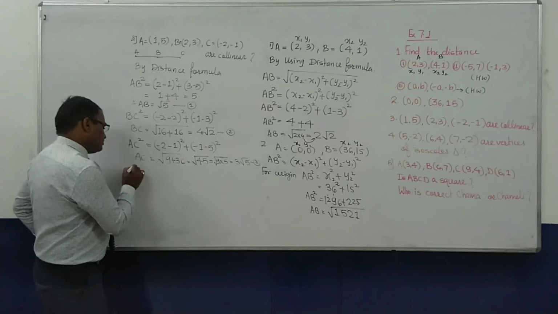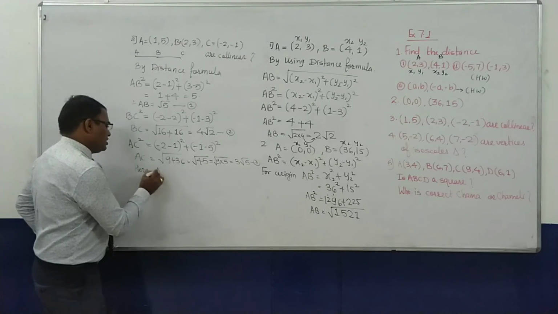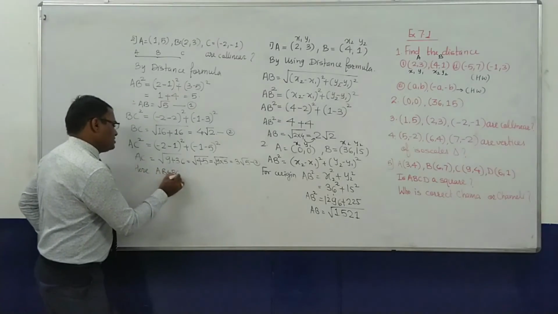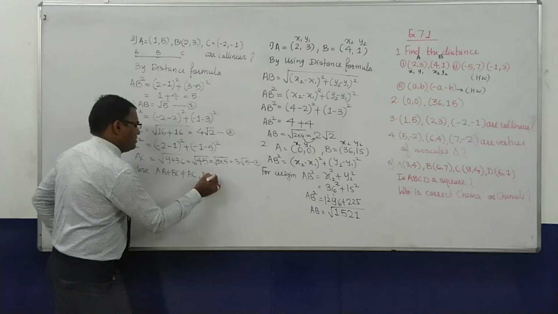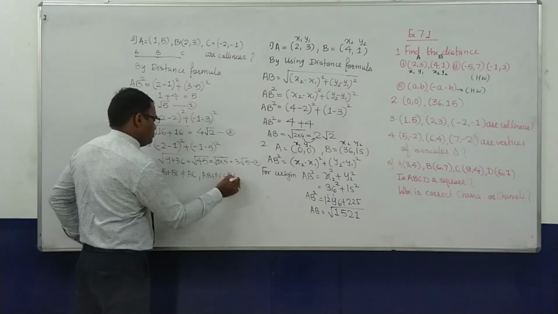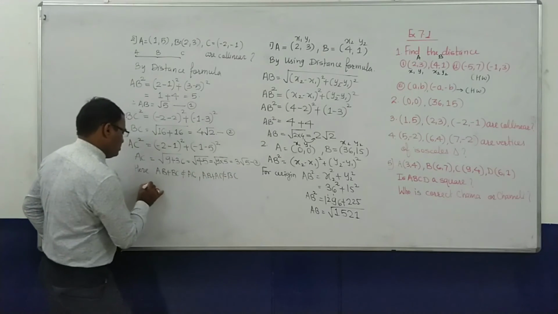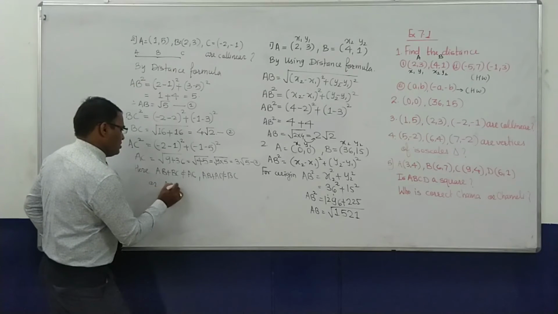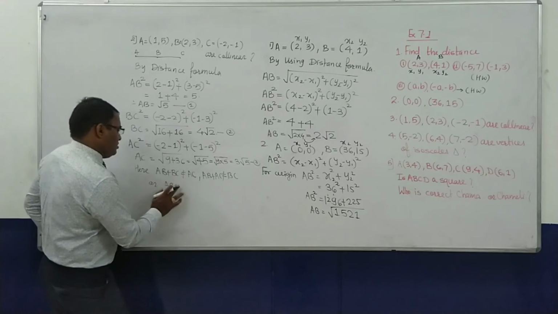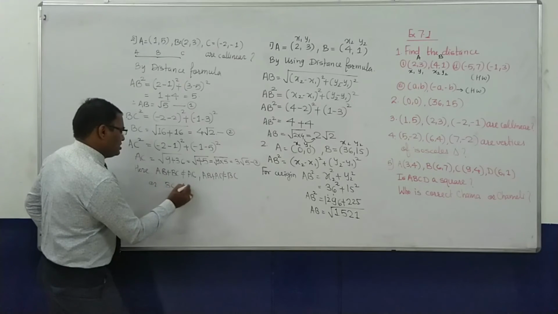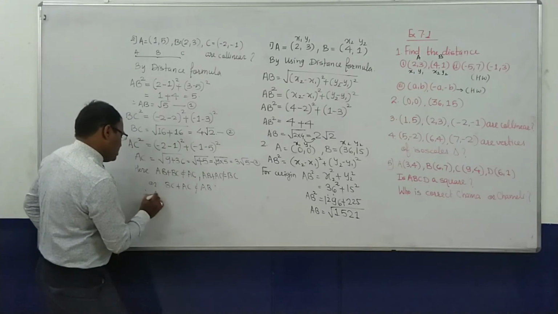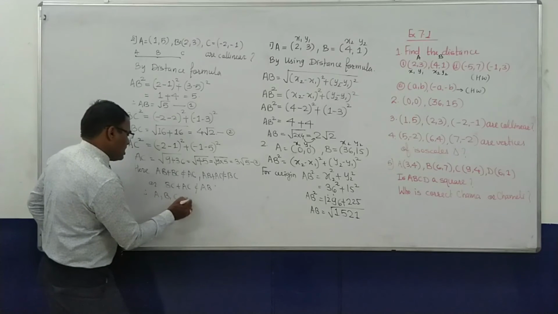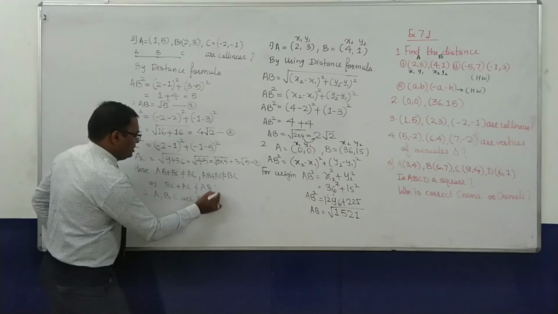So here you can write AB plus BC is not equal to AC, or AB plus AC is not equal to BC, or BC plus AC is not equal to AB. So points A, B, C are not collinear.